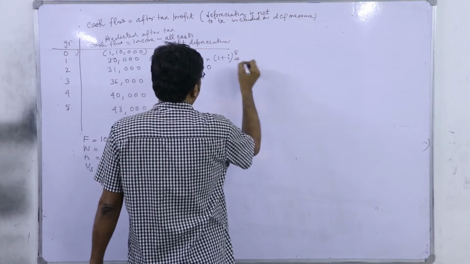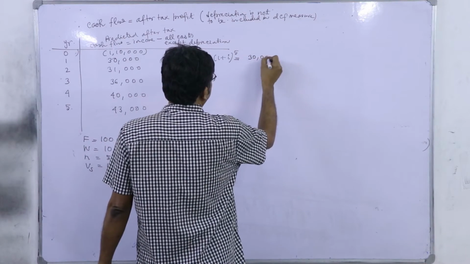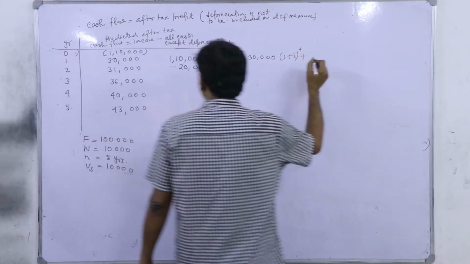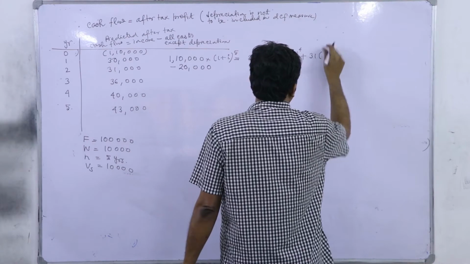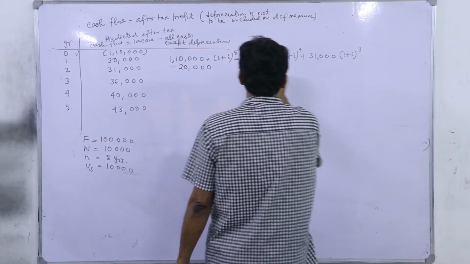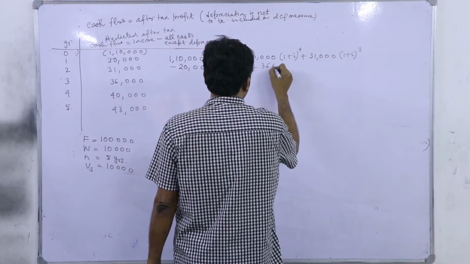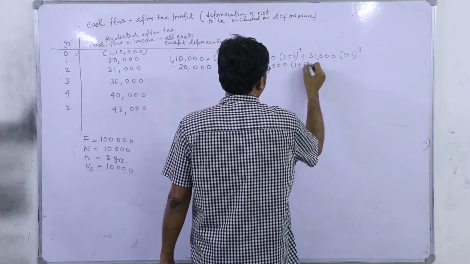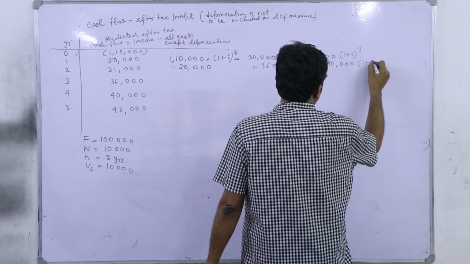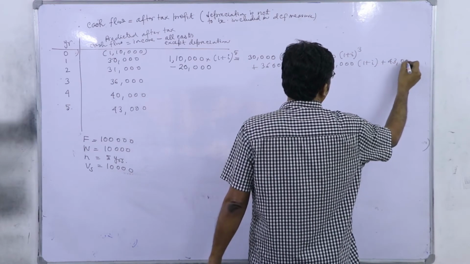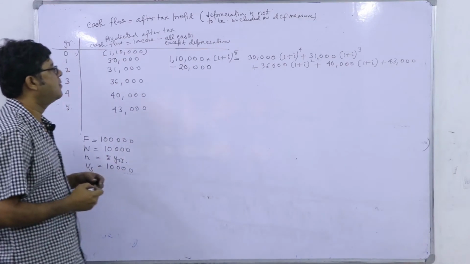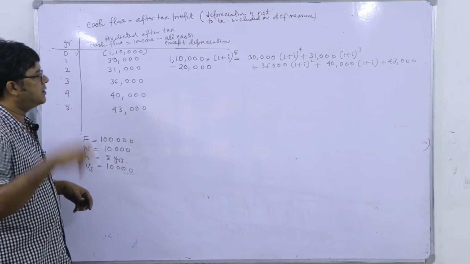So this must be equal to 30,000 into 1 plus I to the power 4 plus 31,000 into 1 plus I to the power 3 plus 36,000 into 1 plus I square plus 40,000 into 1 plus I plus 43,000. Right? And we have to calculate the I.